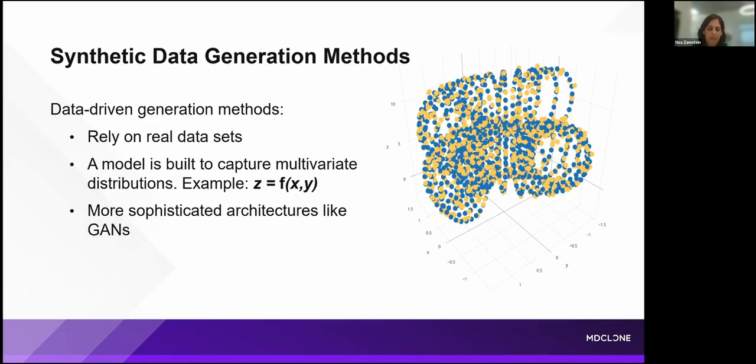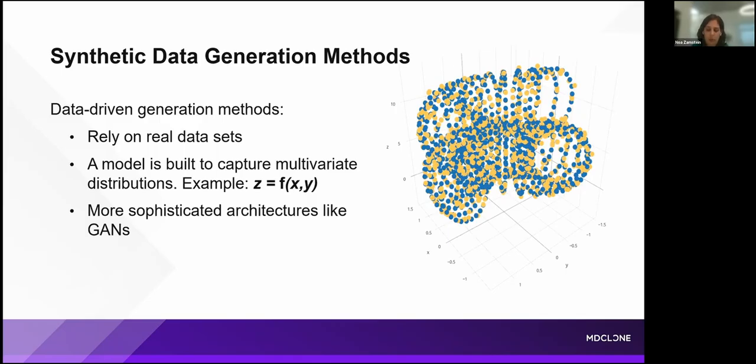If f of y and x is analytically known, then we could generate yellow dots at will by choosing more values of x and y and calculating f of x directly. Of course, in a realistic data set, the distributions are much more complex and do not follow analytical formulae. Producing high-quality synthetic data, in the general case, depends on how closely the multivariate distributions can approximate the original underlying distributions.